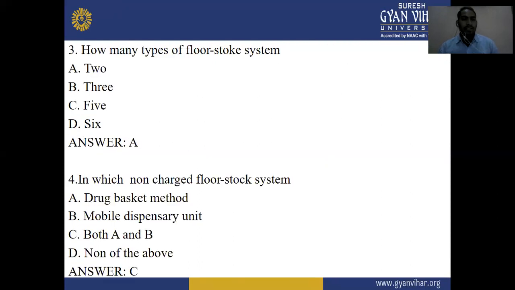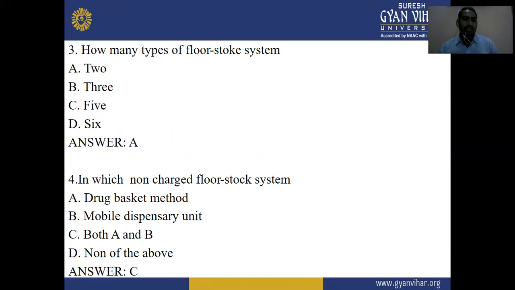Next question: how many types of floor stock system? Option A is 2, option B is 3, option C is 5, option D is 6. The right answer is A. Two types of floor stock system.